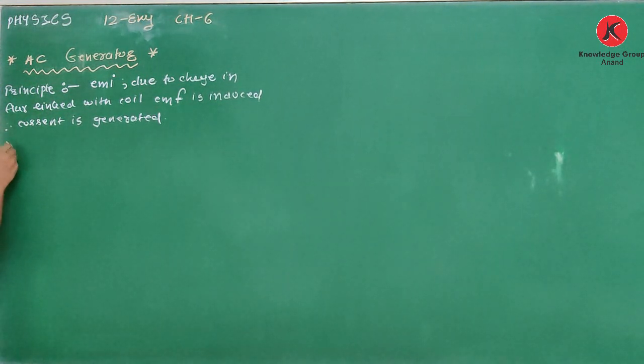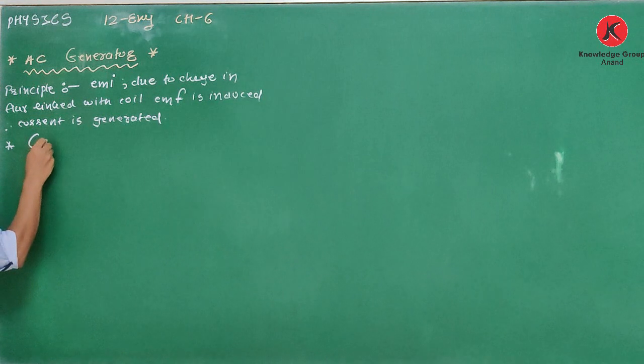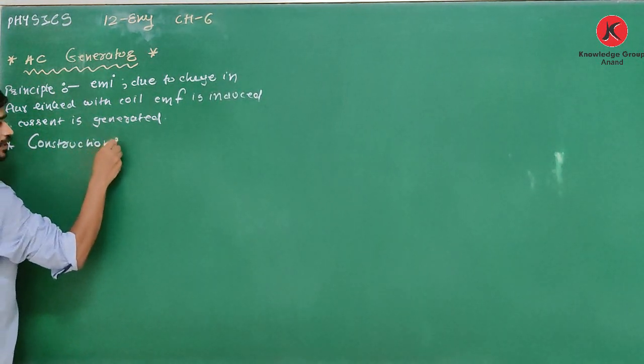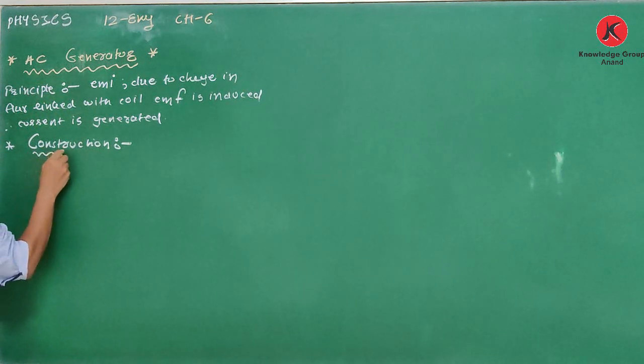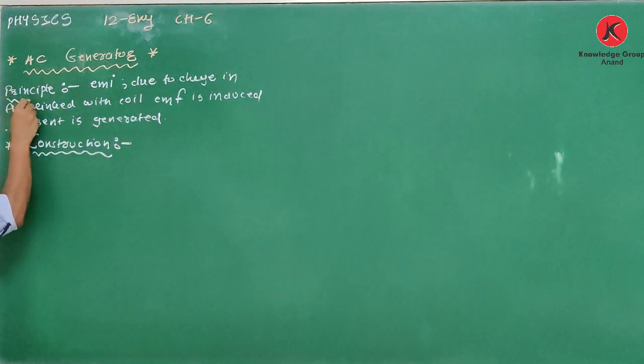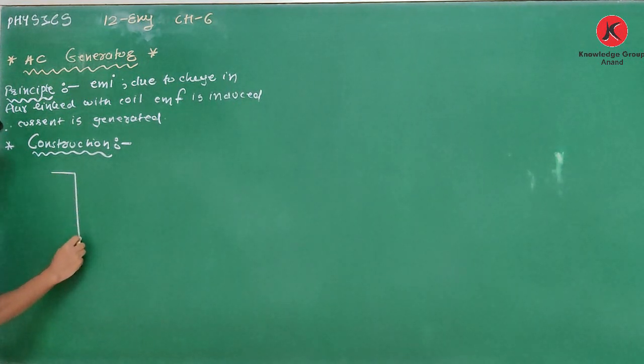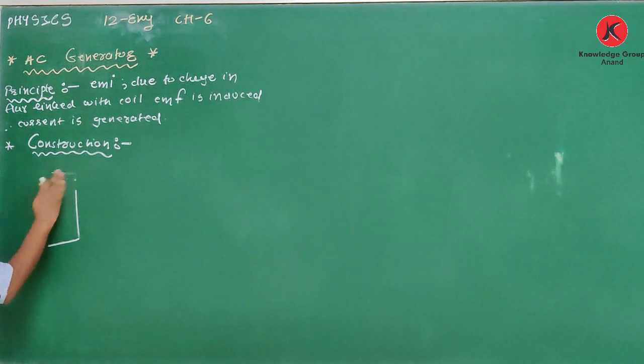Now what is construction? See, construction. Here it is. In a generator there are two strong magnetic poles.